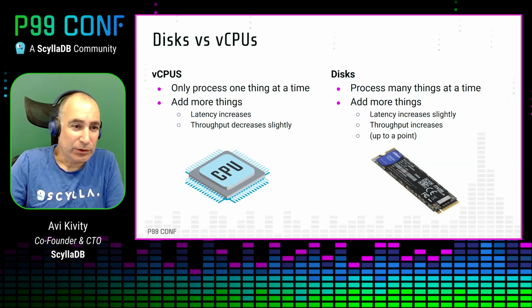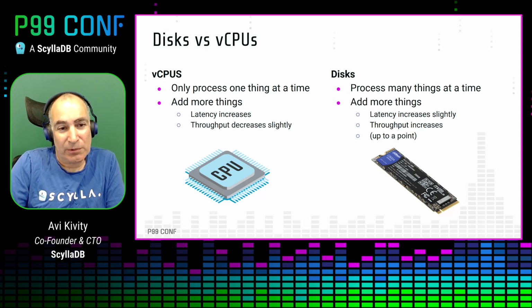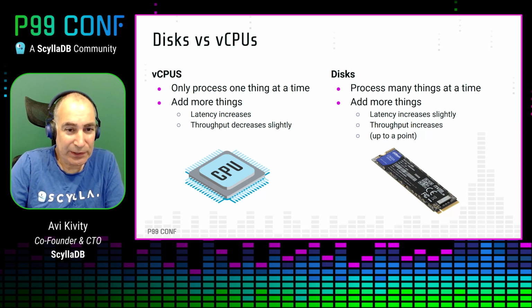Let's take another detour and look at vCPUs versus disks. So a CPU only processes one thing at a time. It's possible to make it process multiple things by time sharing, but it's not actually doing those things concurrently. And because of that, if you add more things to process in parallel, it's not going to make the throughput higher. It's going to make it actually lower because there is overhead in context switching.